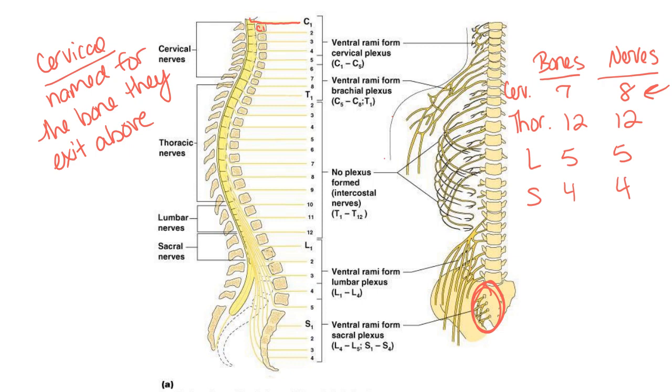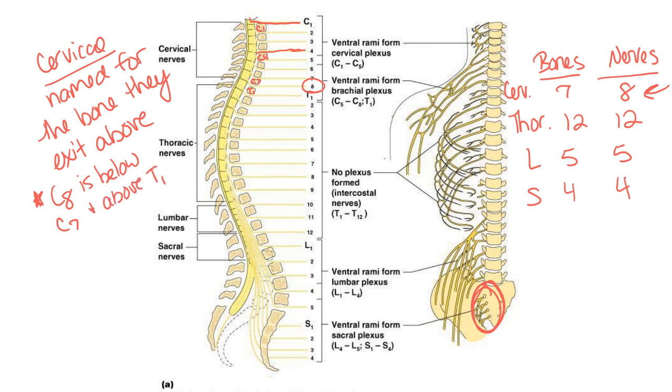When I come down here, this is my C4 bone, and so there's the C4 nerve exiting above it. Where it gets weird is that transitional C8 nerve. So here's my C7, and here's my T1. C8 is below C7 and above T1.